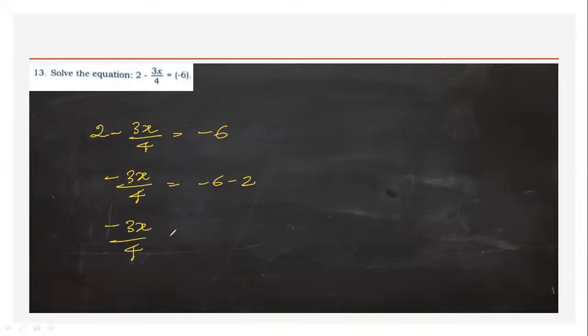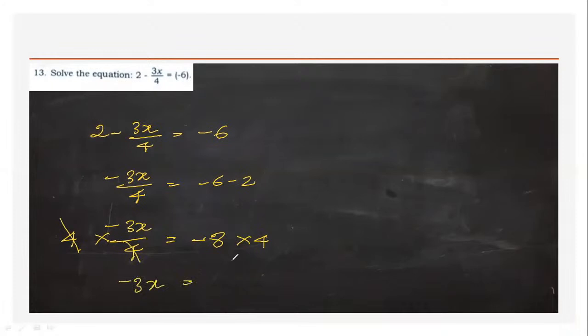Next question, solve the equation. 2 minus 3x over 4 equals minus 6. Now, you can take this plus 2 to the other side. Minus 3x over 4 equals minus 6 minus 2, that is minus 8. Now, you can multiply both sides by 4 to cancel out the 4.